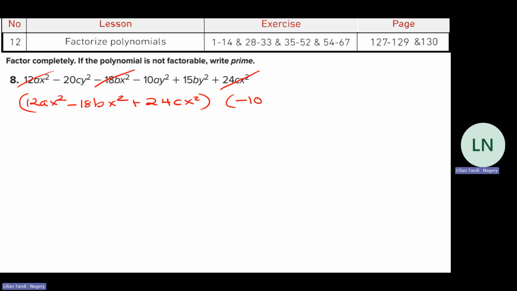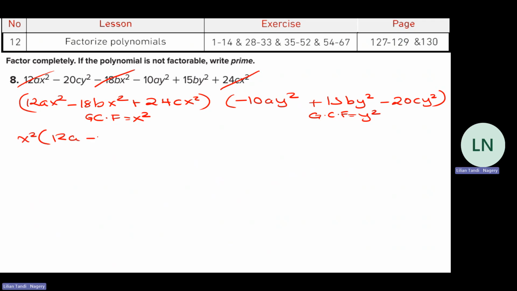So here negative 10ay squared plus 15by squared minus 20cy squared. Greatest common factor is x squared. Greatest common factor is y squared. X squared equals to 12a minus 18b plus 24.